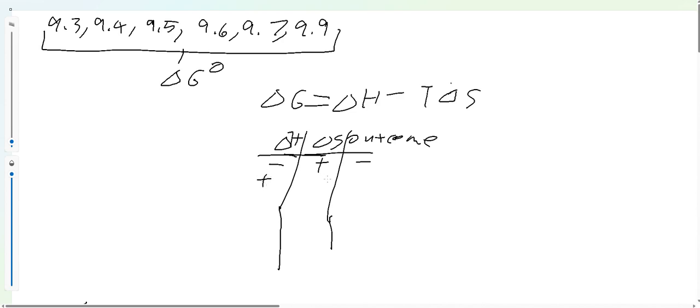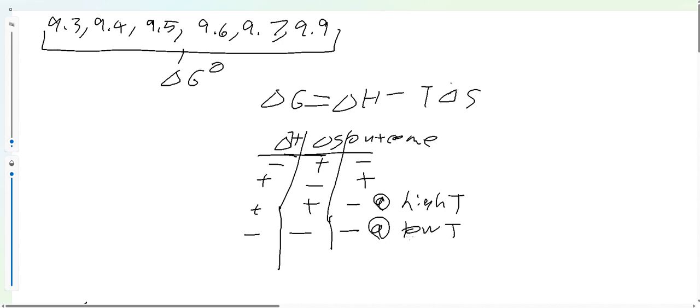If delta H is positive and delta S is negative, then it's always going to be positive at all temperatures, so it's not favorable at all temperatures. Where it gets interesting is when delta H is positive and delta S is positive. Then this is negative only at high temperatures. Or delta H is negative and delta S is negative. This is only negative at low temperatures.